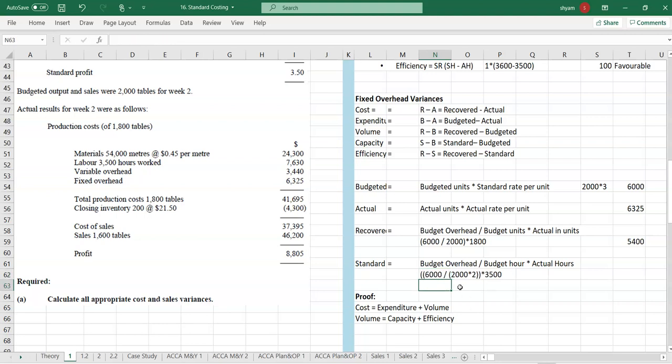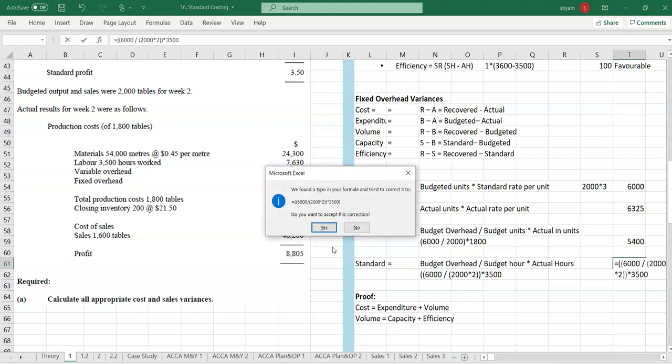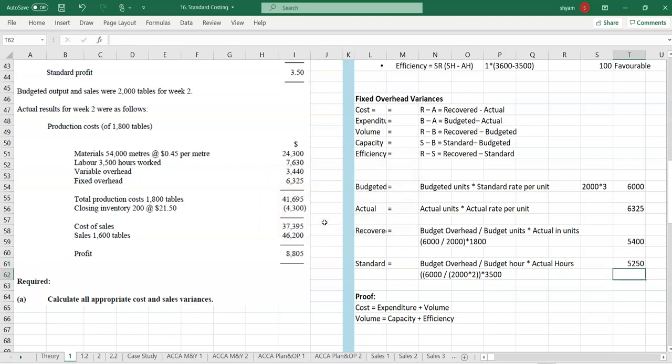First it is going to be 2000 into 4000, and 6000 divided by 4000, so we'll get 1.5. 1.5 into 3500, so that too should be the answer. So 3500 into 1.5 will give you, I think, 5250. Let's see the answer. Right, 5250.